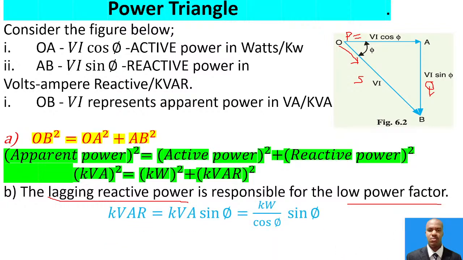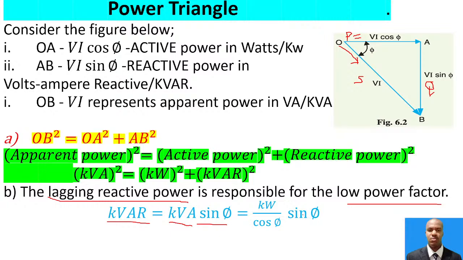So you can say that the reactive component, the kVAR, is equivalent to apparent power multiplied by sine of phi, and this is equivalent to the actual power in kilowatts divided by cos phi multiplied by sine phi.